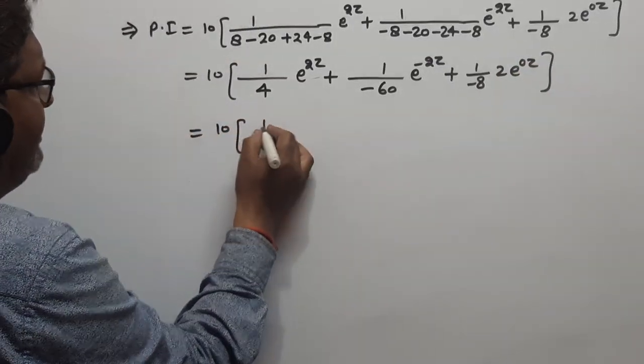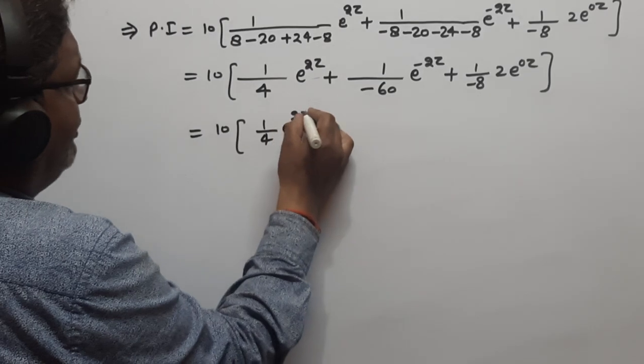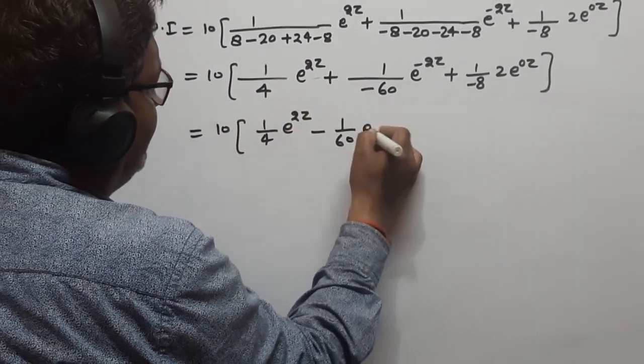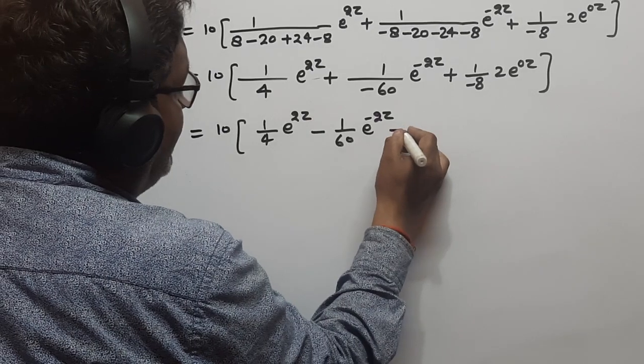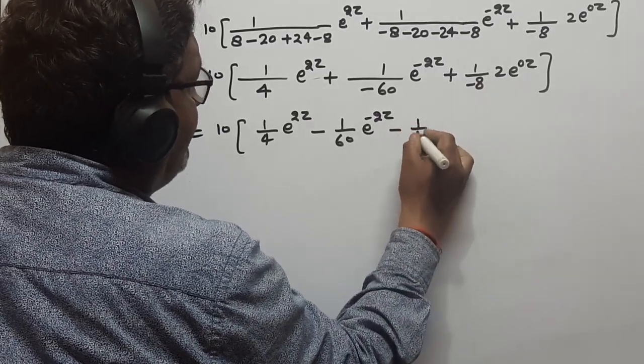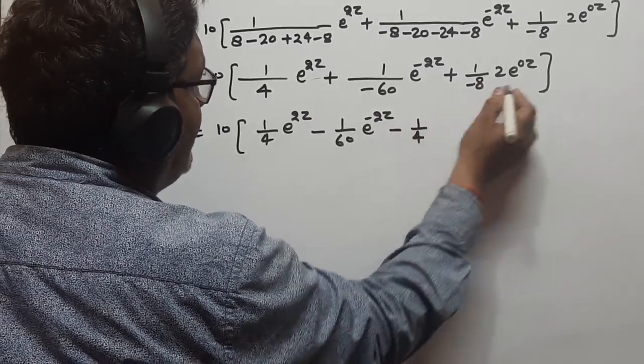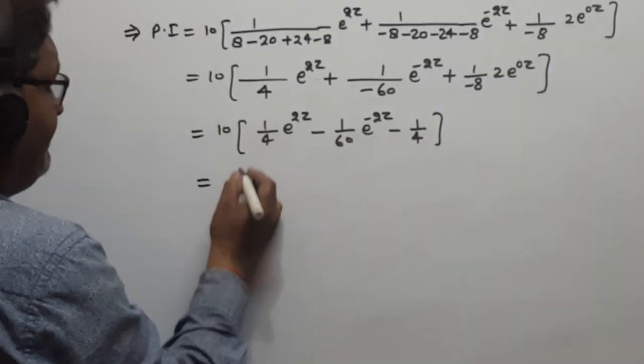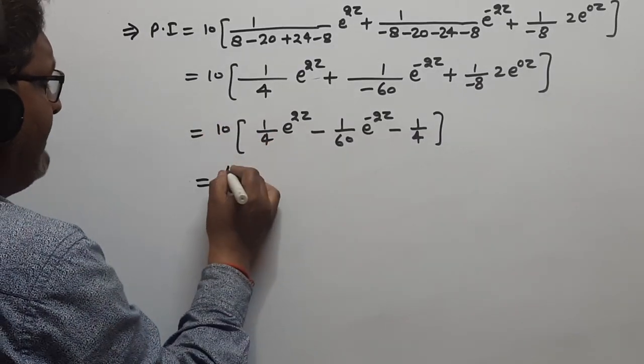So this can be written as 1 upon 4 e to the power 2z minus 1 upon 60 e to the power minus 2z, and here minus 1 upon 8 times e to the power 0z, this is 1.